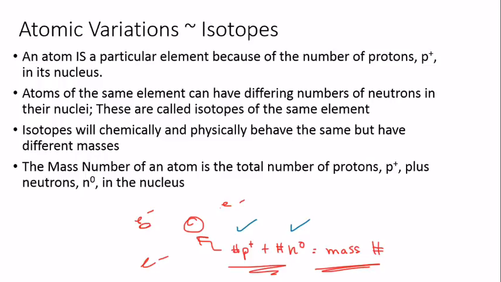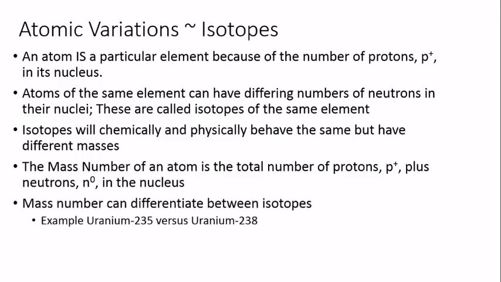Makes sense. So an example would be the element uranium. The symbol for uranium is U. And we have two isotopes, or isotopic forms, of the element. If you look up uranium on the periodic table, it has an atomic number of 92, so it has 92 protons.